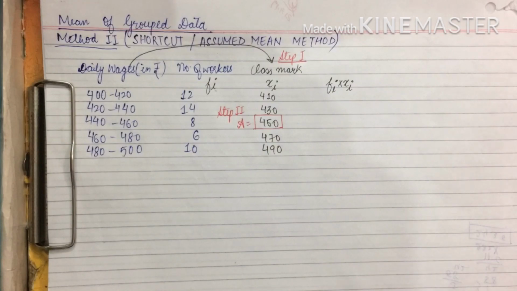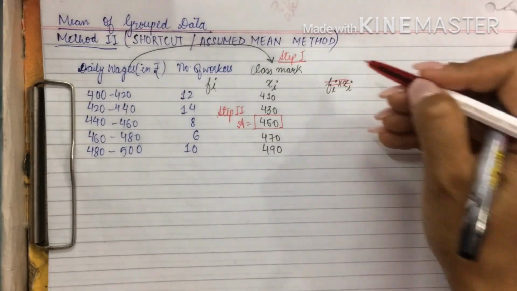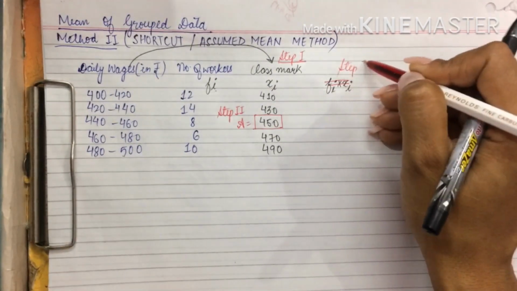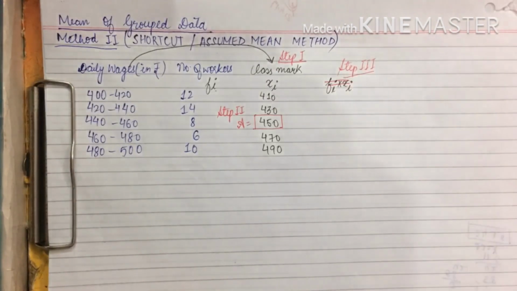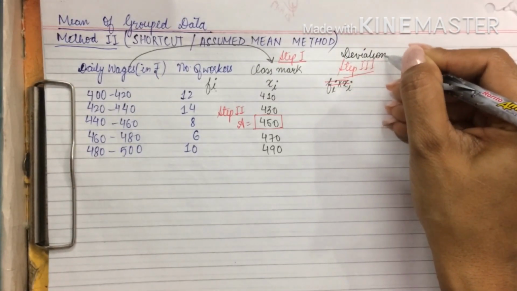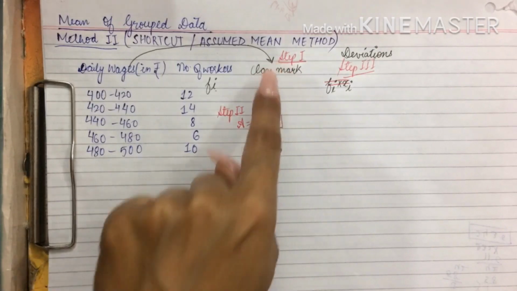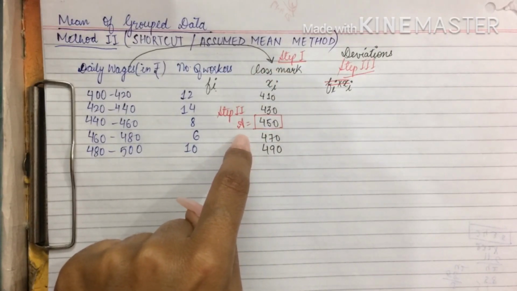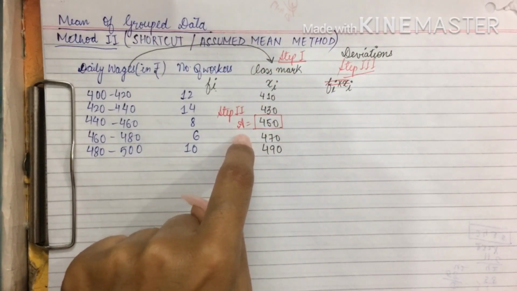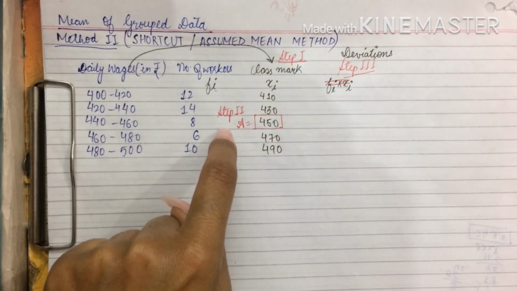Then you have your third step, which is to find out deviations. The word deviations means differences. Differences will be calculated of these values with the assumed mean, so each of these values minus the assumed mean.